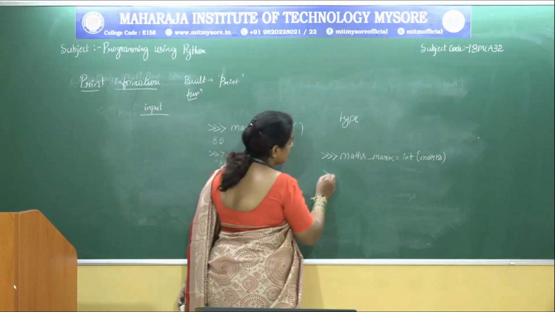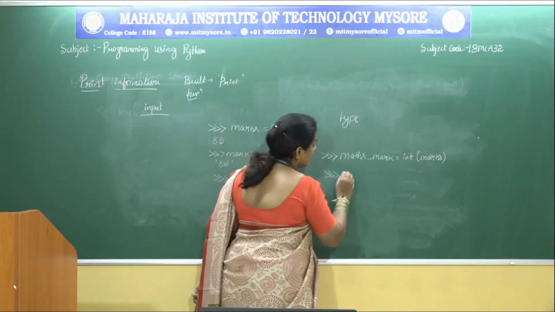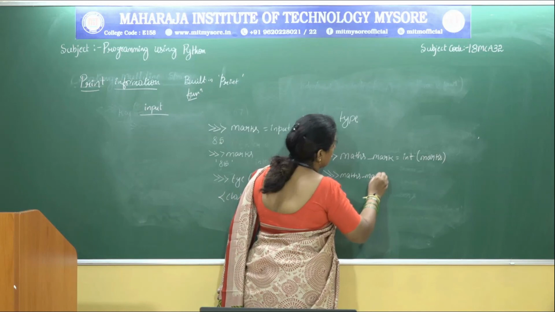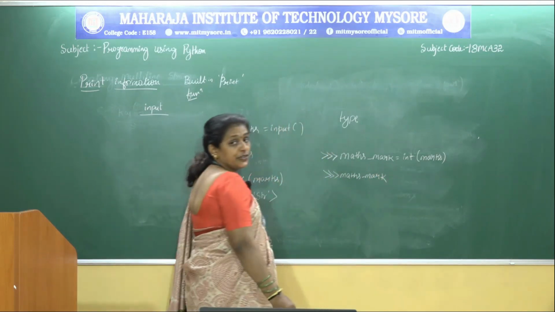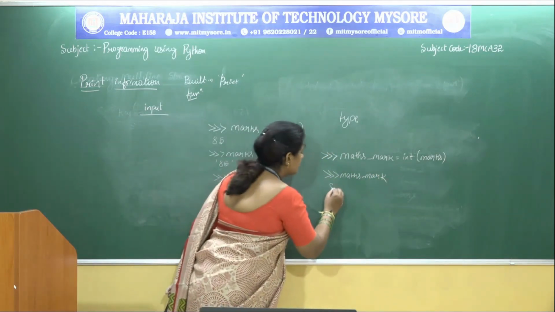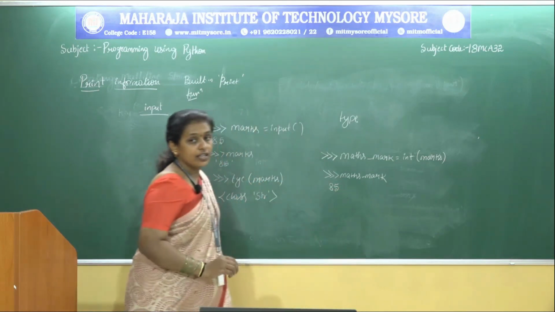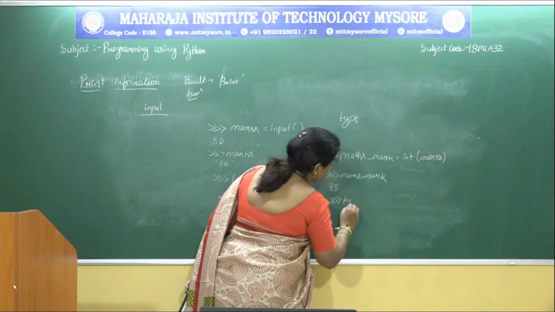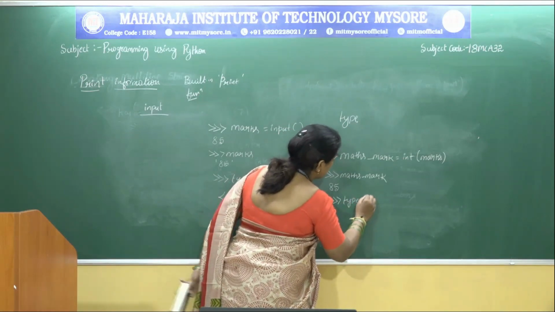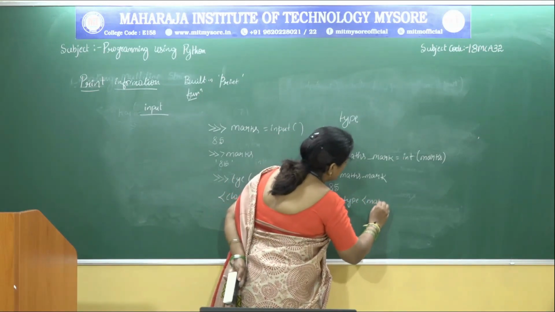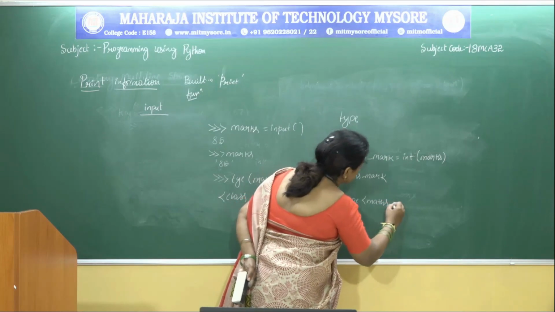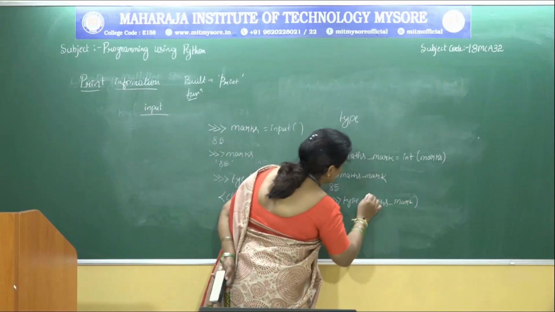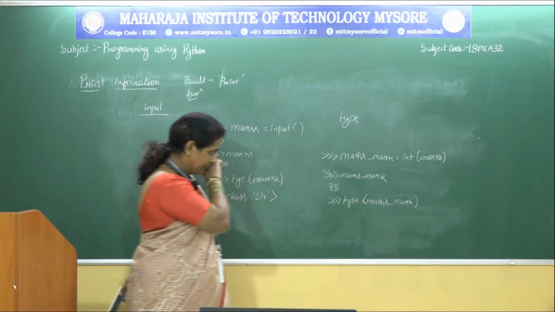Let me first display the content of maths_mark. When I execute this, I get the value 85. Now let me check the type: type(maths_mark).